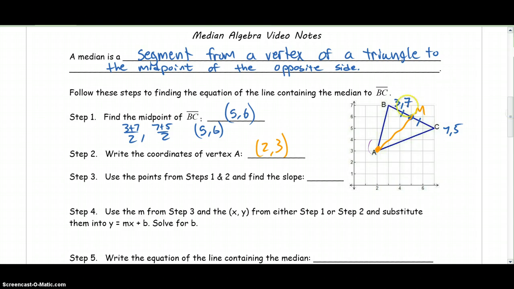There's nothing I can do with the slope of BC here, but rather I just need to find the slope of AM. I do that by doing y2 minus y1 over x2 minus x1, and that gives me a slope of negative 3 over negative 3, which is just equal to 1. So I know the slope of the line containing my median AM is 1.